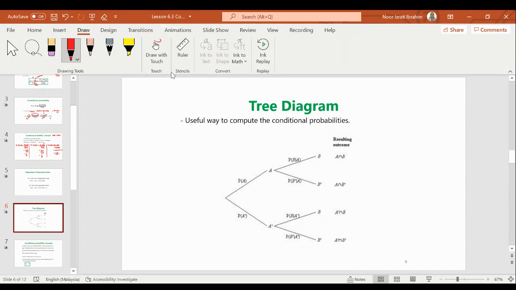As you see on the screen now, we have a tree diagram with two layers. Let me delete this and draw a new one. For the MAT130S level, normally we will have only two events, event 1 and event 2.